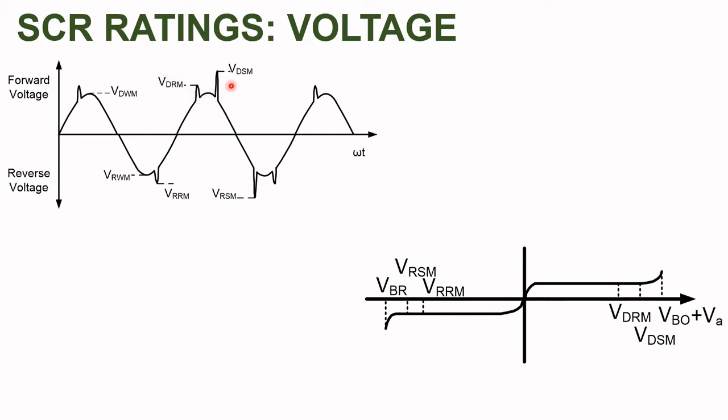Next is VDSM, which is the surge value under forward biased condition, and this is the maximum surge value that the SCR can block. So VDSM, this surge is occurring only once over here. So actually in the complete lifetime the SCR will be able to block this surge value only once.